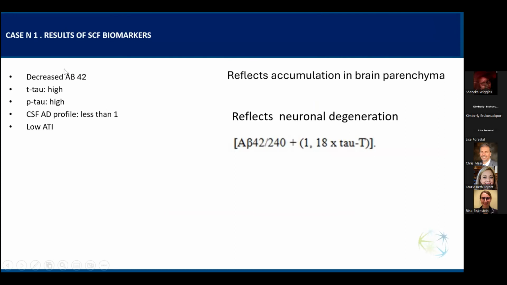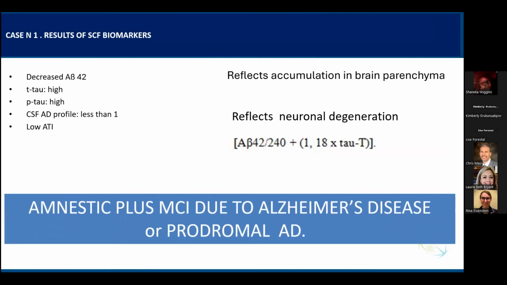The results of the CSF showed that he had accumulation of beta amyloid in his brain and that he has high tau and high phospho-tau. So after having the CSF results, I could say that in this case, the patient has amnestic plus MCI due to Alzheimer's disease. Another big word for this is prodromal Alzheimer's disease.